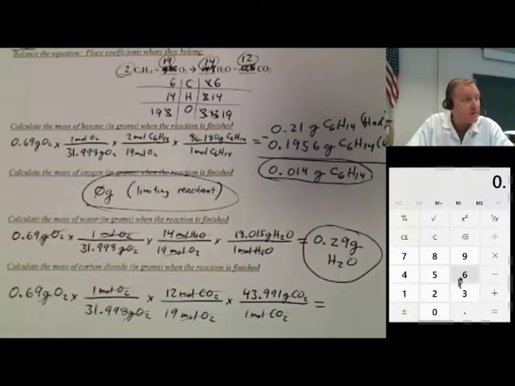So let's try this one. 0.69 divided by 31.998 times 12 divided by 19 times 43.991.